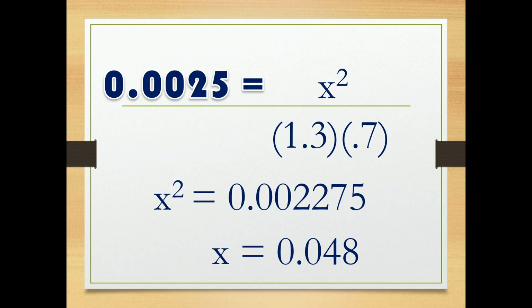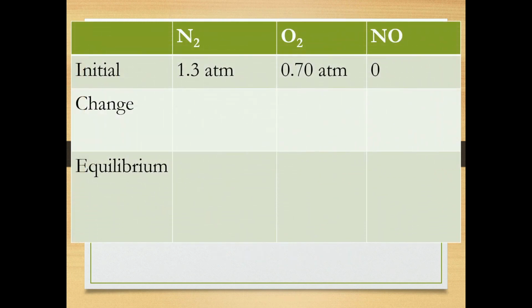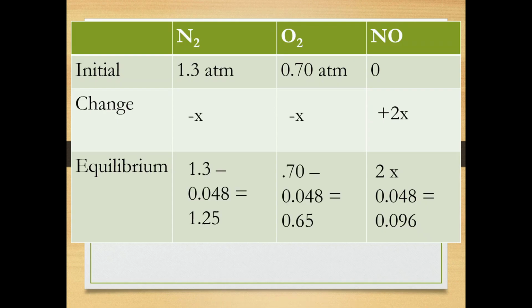The question is now, is 0.048 less than 5% of my initial pressures? So these are what my final concentrations look like: 1.25, 0.65, and 0.096. Sorry, microphone unplugged.